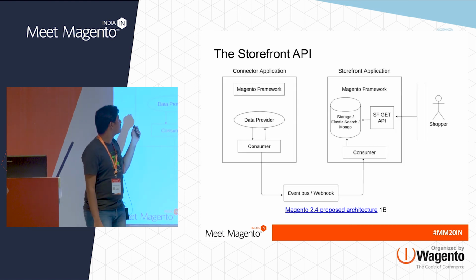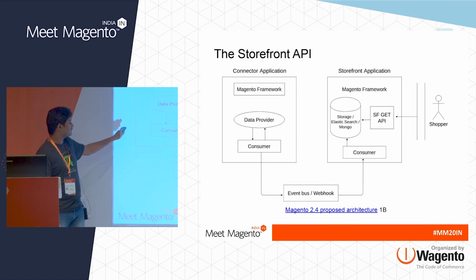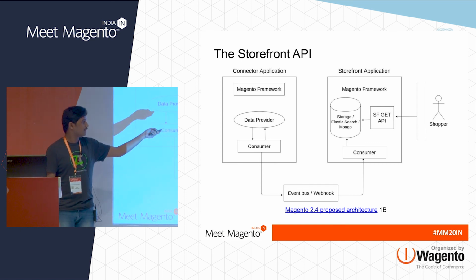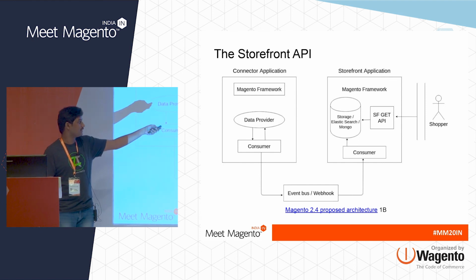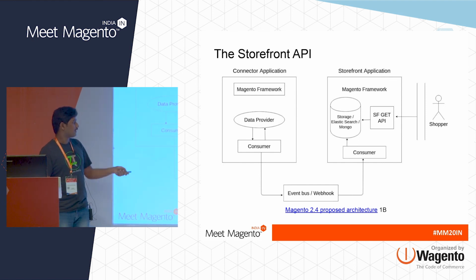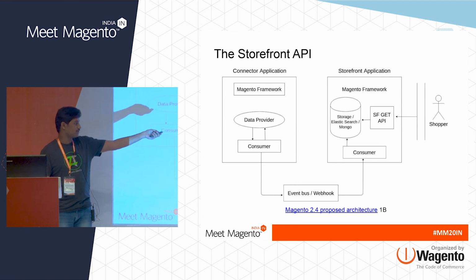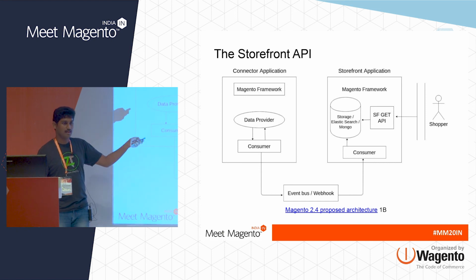Then you will see this is the same connector application as before. You will have the same event bus, and this is the storefront application. You will have MongoDB or Elasticsearch storage, and you hit this application as the shopper, and you will get data from your MongoDB, which gets data from your connector application.